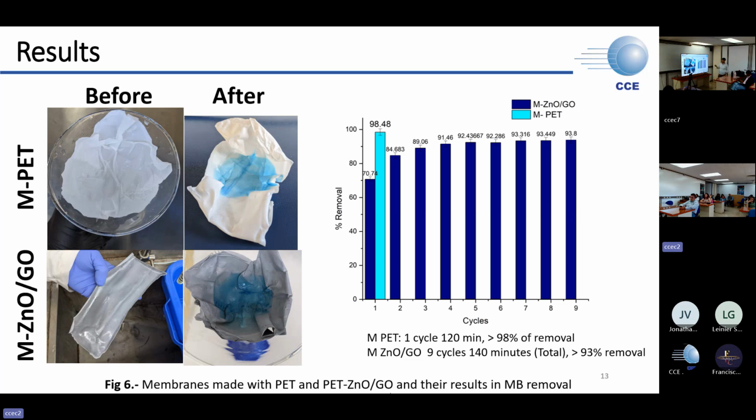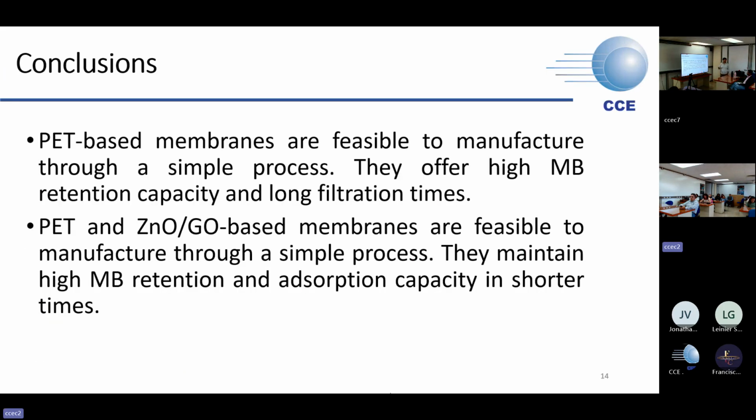The only thing that was better for the membrane with zinc oxide is the porosity. The process with this one was around 2 hours, and in the other case, the process was almost the same: 2 hours and 20 minutes. So we maybe do not have the best results.